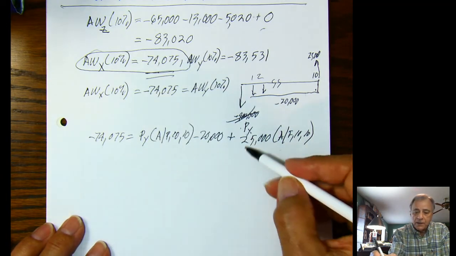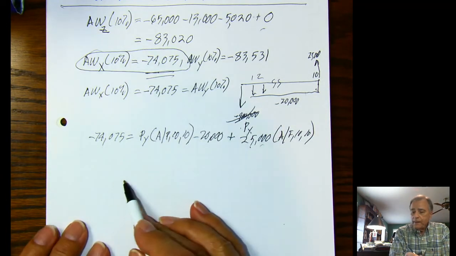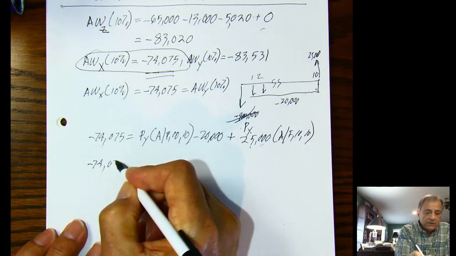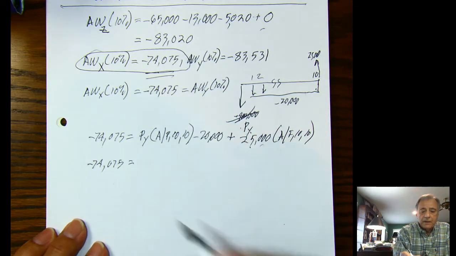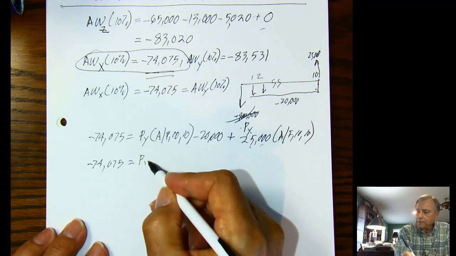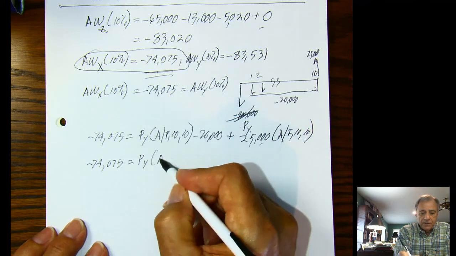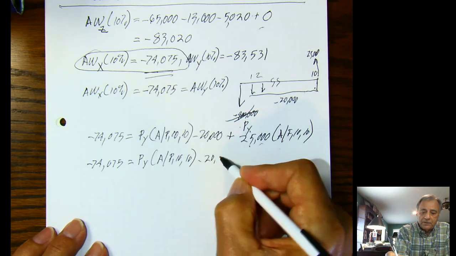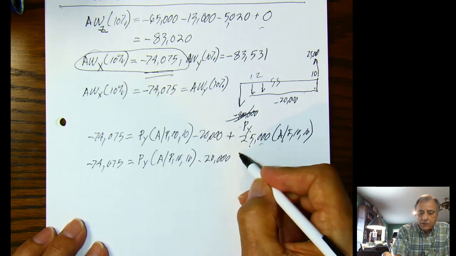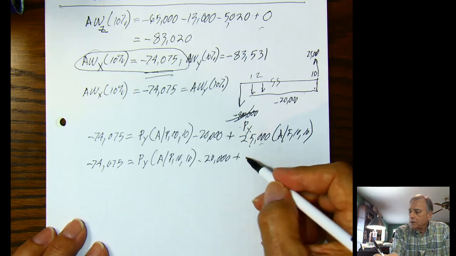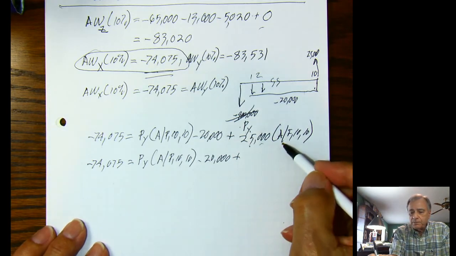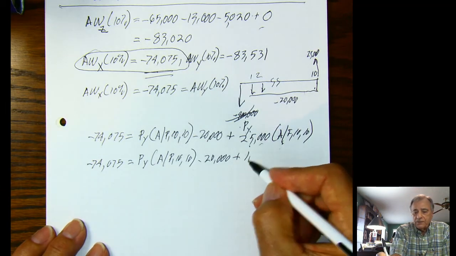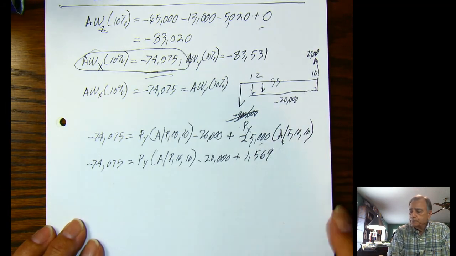I'll take it one more step: minus 74,075. This is dollars per year. P sub Y times A given P, 10, 10, minus 20,000. And this is going to be a plus. When I spread this back over 10 years, it's only $1,569.